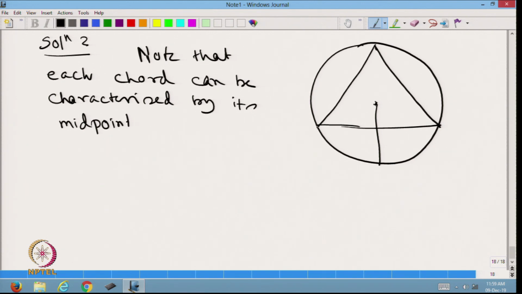Because if we take any chord and we draw a perpendicular from the center to that chord, it is going to intersect it at the midpoint. Now, we also know that this radius will be bisected at this point of intersection.